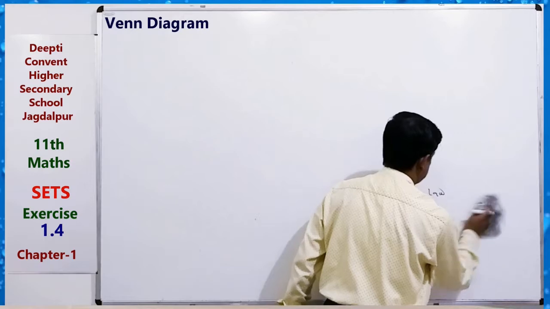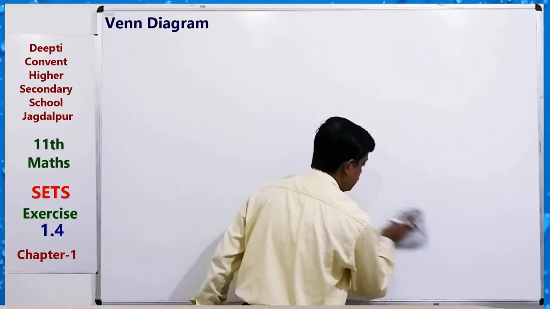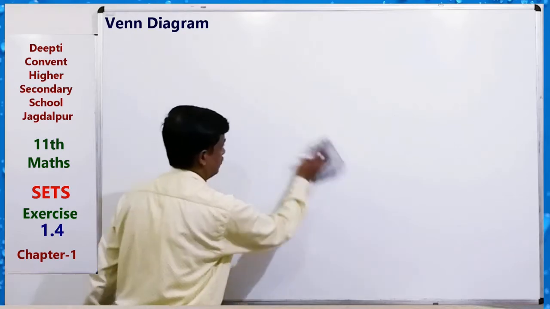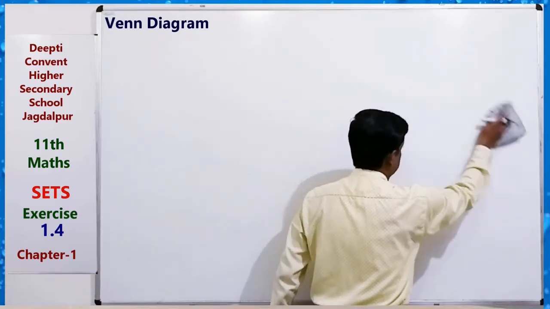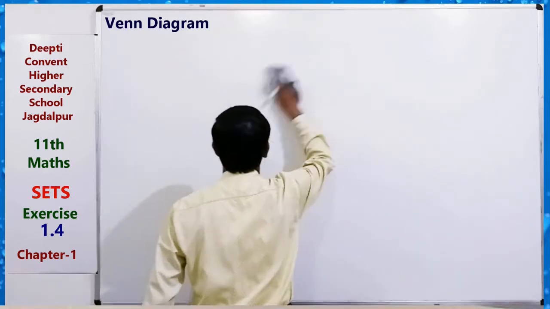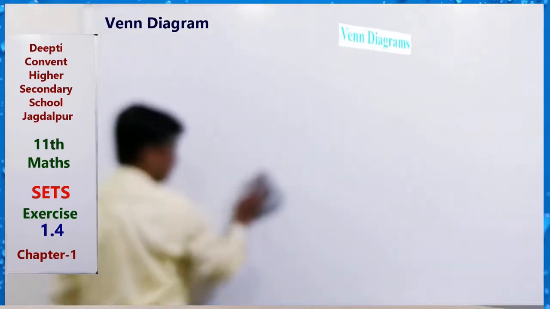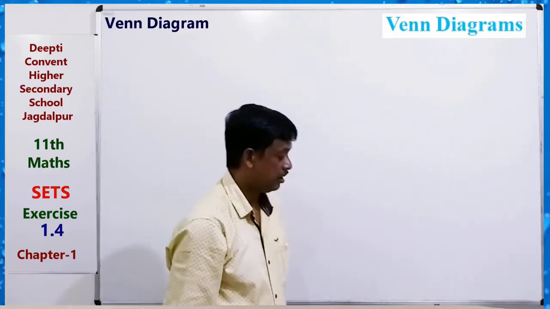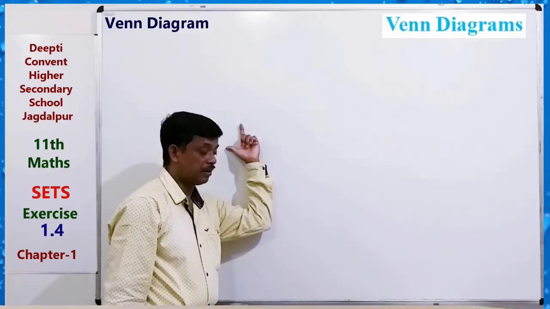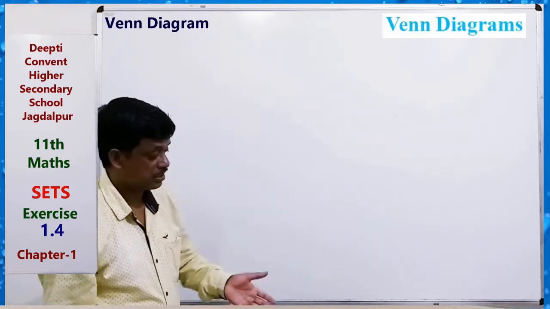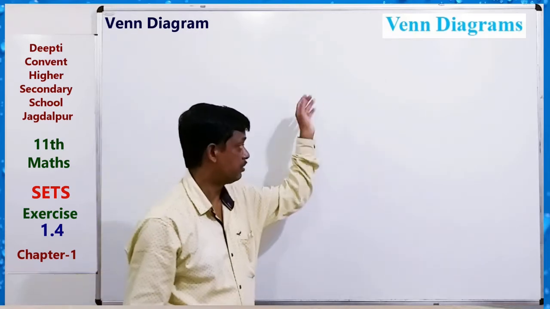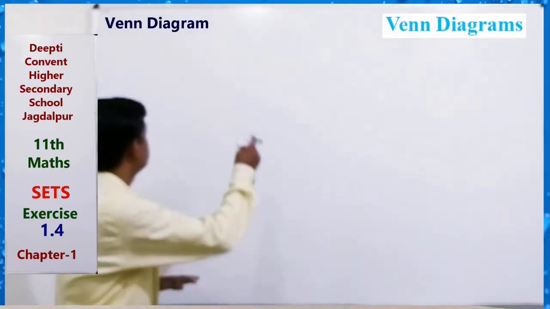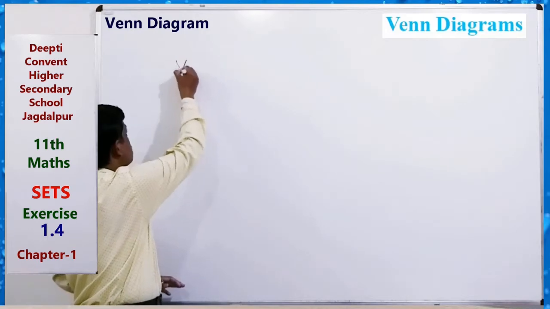Now I am discussing how we can represent sets diagrammatically using a Venn diagram. That is useful for understanding some concepts and also gives important formulas. So now I am discussing the Venn diagram, and then I will also discuss the two remaining operations, difference and complements.